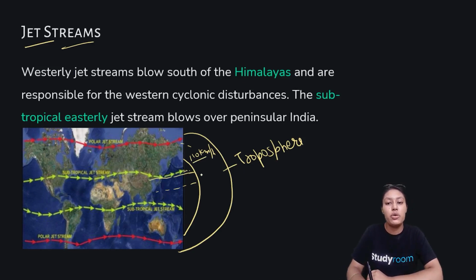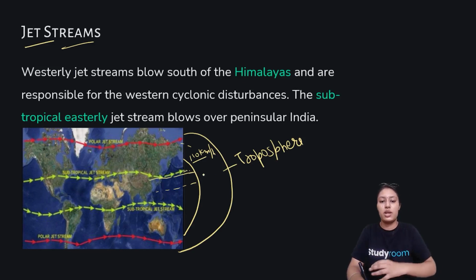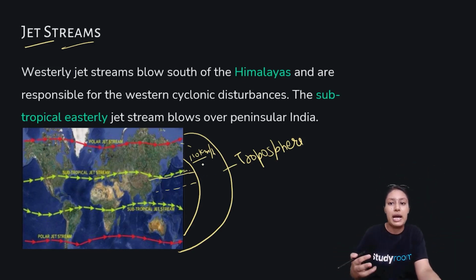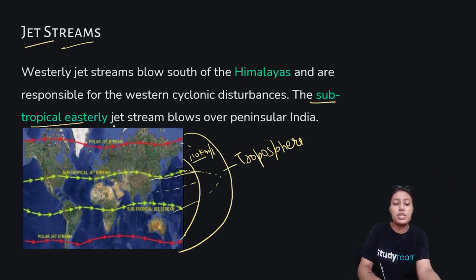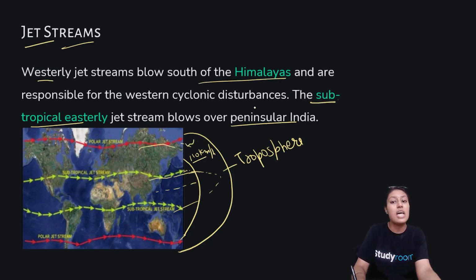So these winds come to a layer outside the Earth's surface, which is the stratosphere, and they do not pass through the stratosphere. The air does not go above into space. It takes a turn back. The winds originating from the subtropical east blow towards peninsular India, and west winds blow to the south of Himalayas.